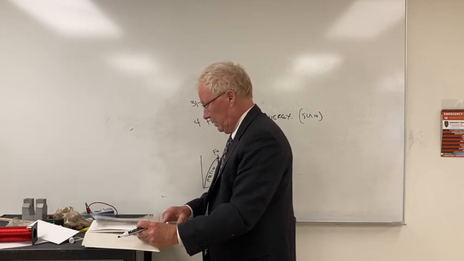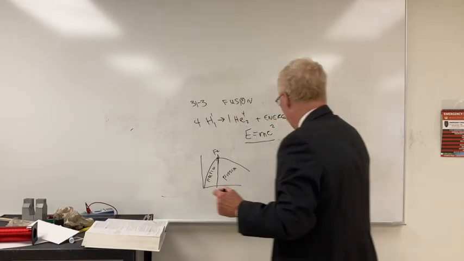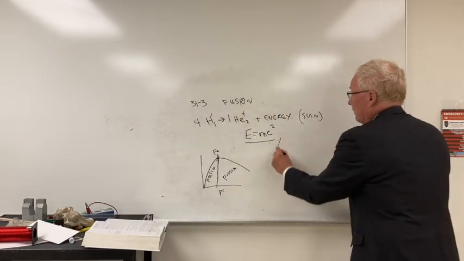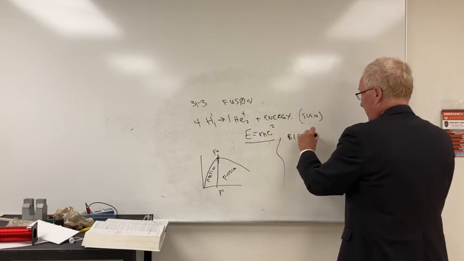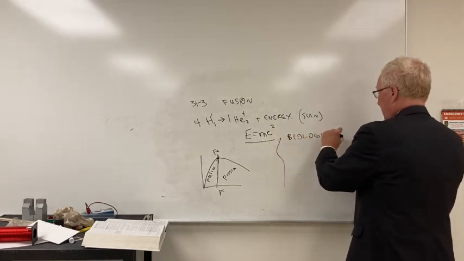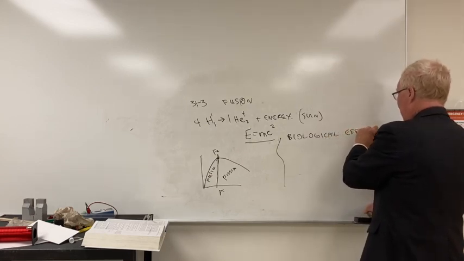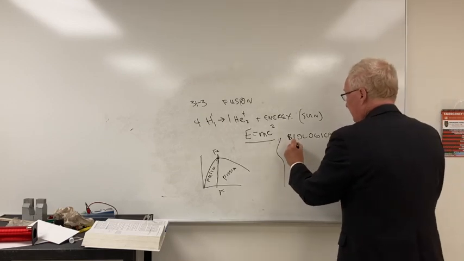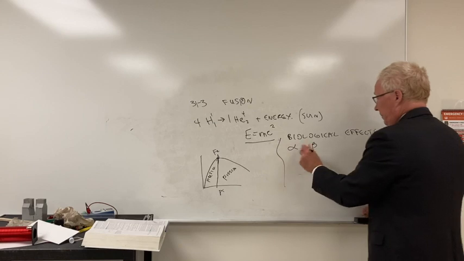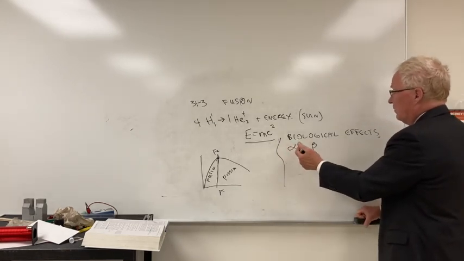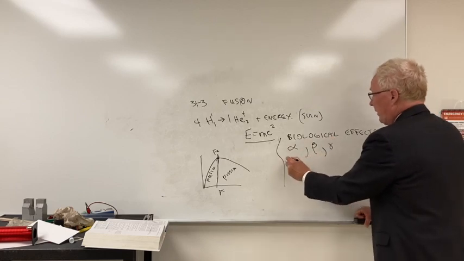All right. And then the rest of the chapter deals with biological effects. Okay, and talking about alpha radiation, what's the danger of that? Alpha, beta decay, and gamma radiation.